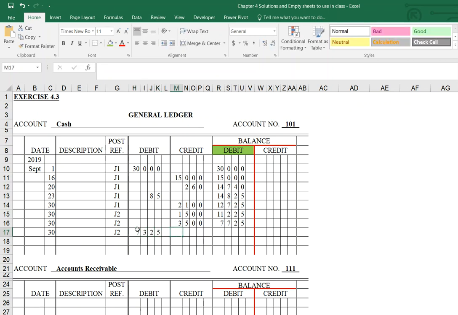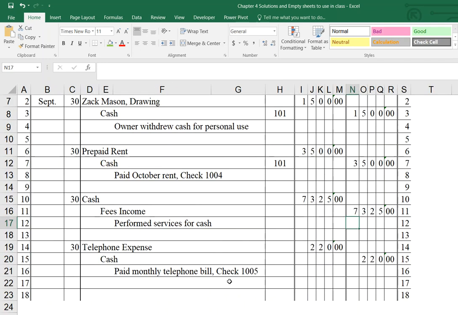And then we're adding that to the 7,725 to get 15,050. And we're going back to reference that.